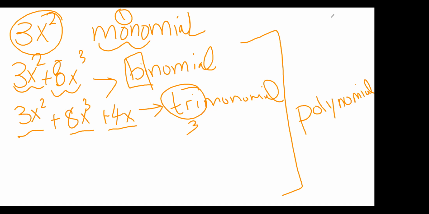Polynomial, polynomial. Do you know polystyrene in chemistry or science? It's a chemical material. That means poly of something, or like polygon. Do you know the polygon in math?